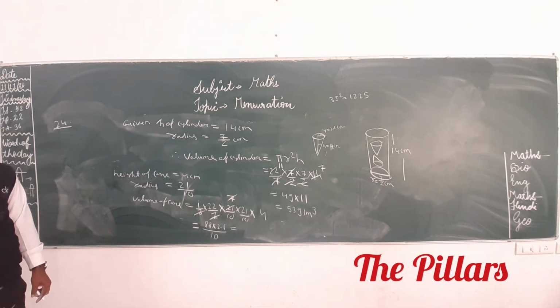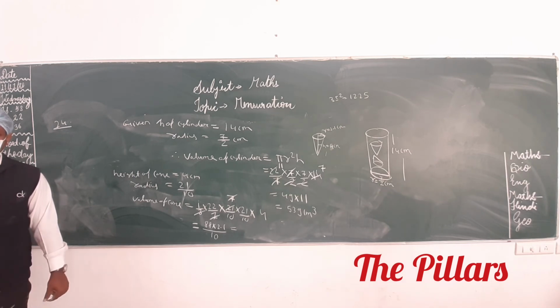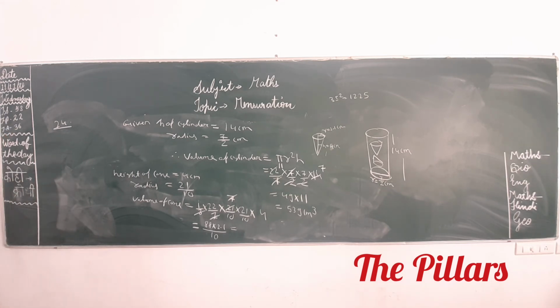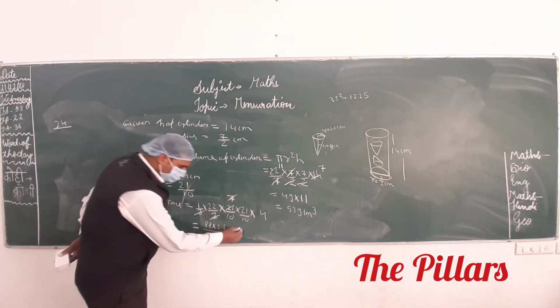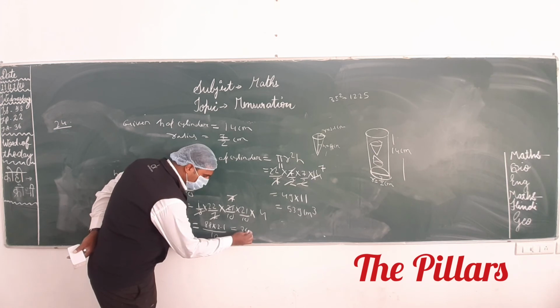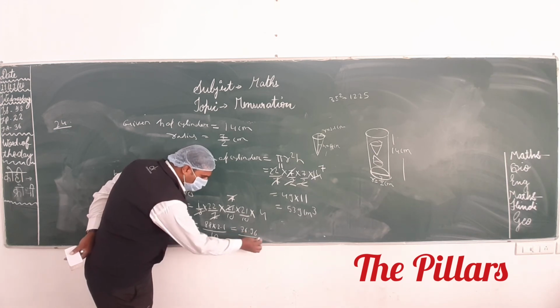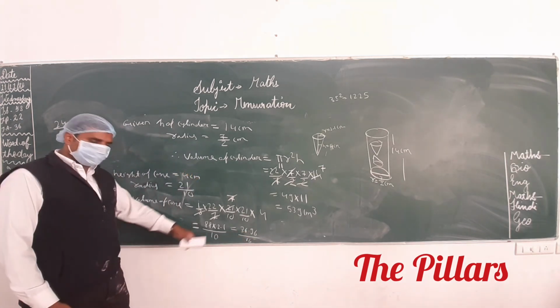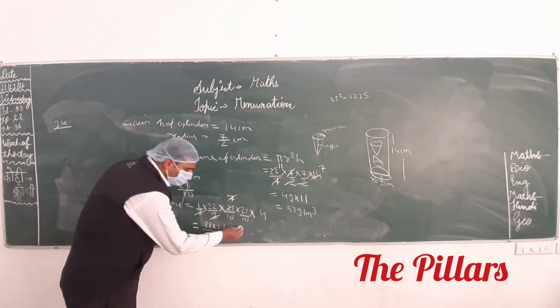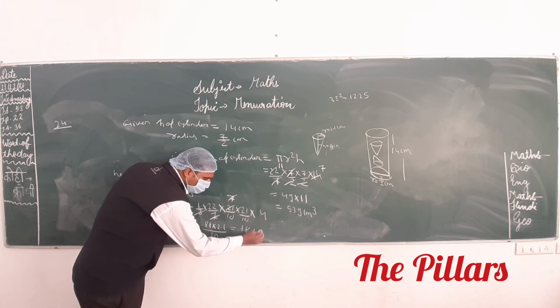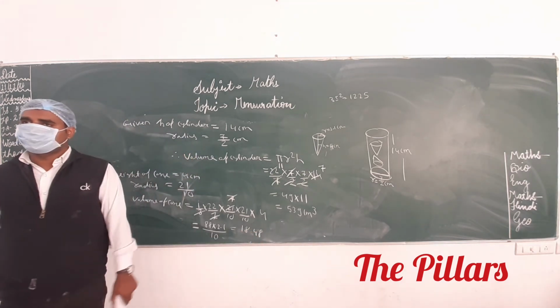Therefore, the result is 36.96 divided by 10, and halved it is 18.48. So the cone's volume is 18.48.